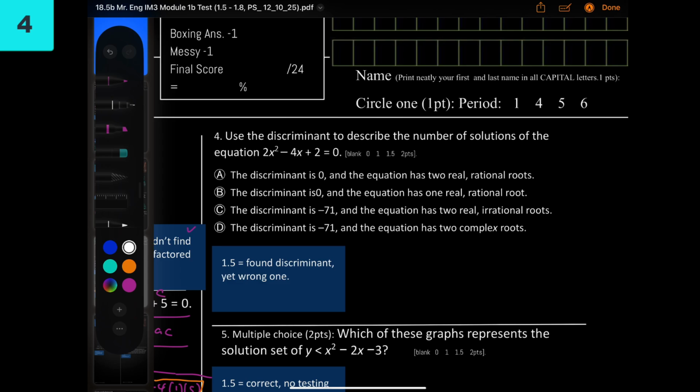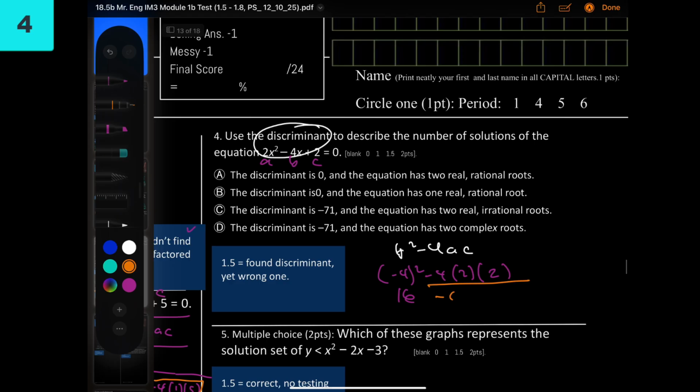Use a discriminant. Easiest one is b squared minus 4ac, which is part of the quadratic formula. A is 2, b is -4, c is 2. So -4 squared, a value is 2, c value is 2, 16. Okay, this means -4 times 2 is -8, 16 minus 16, and that is 0.